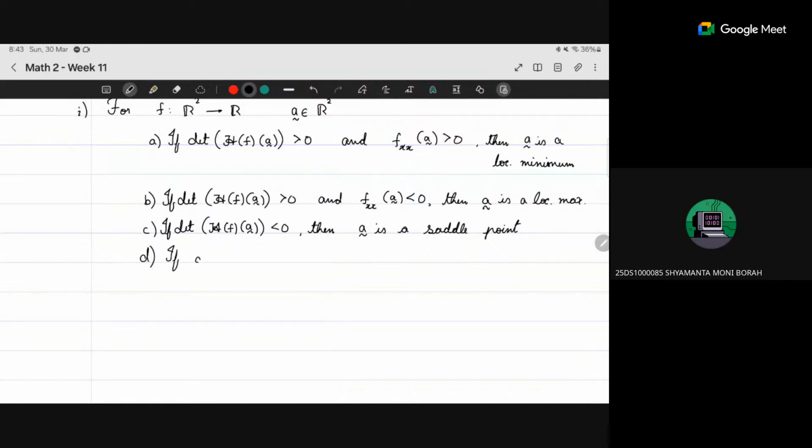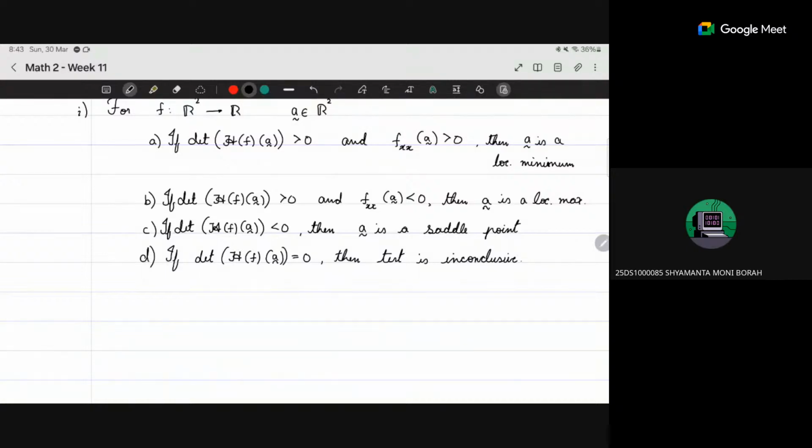And if the determinant is 0, then the test is inconclusive. So there are 4 cases, and not all of them are conclusive.